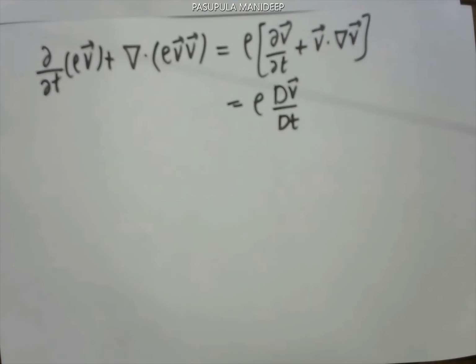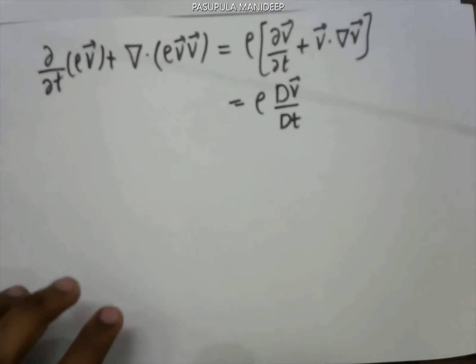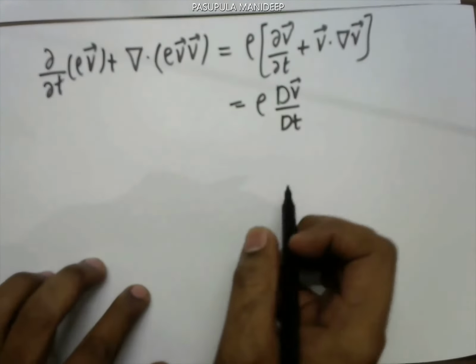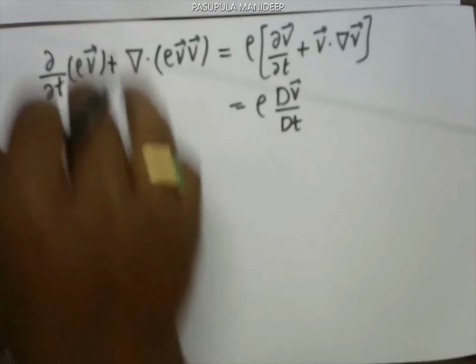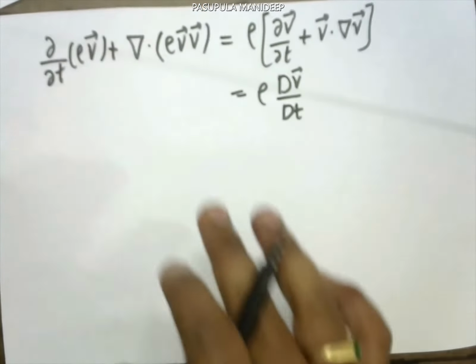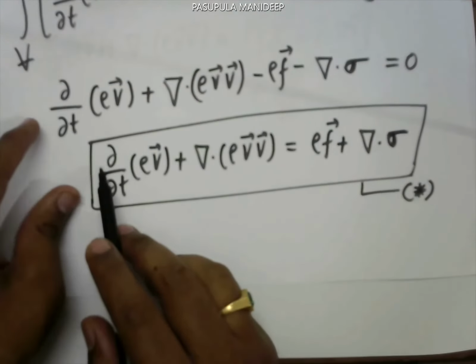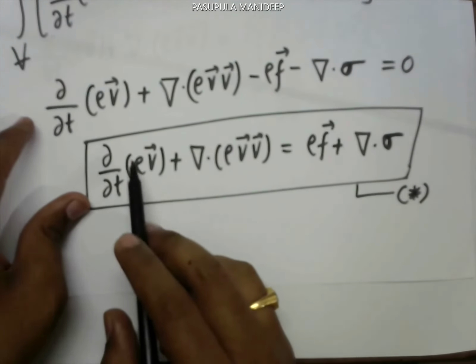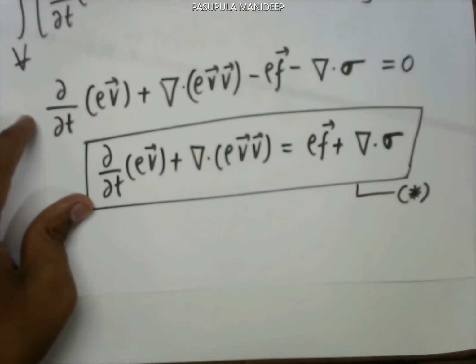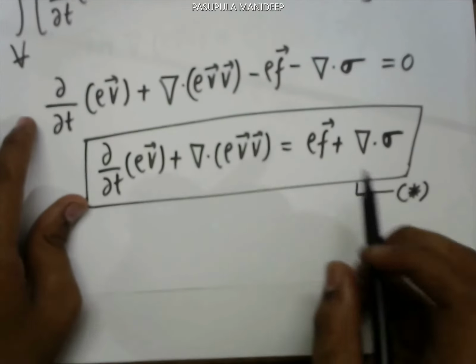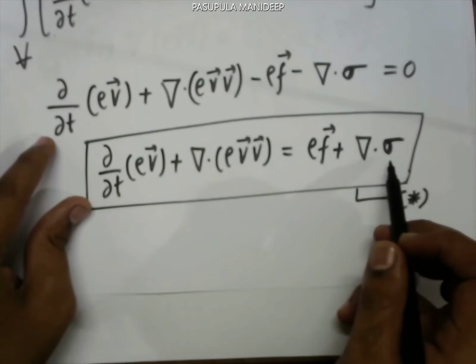Okay, so now let us substitute this back into our equation star. What was our equation star? Del by del t of rho v plus grad of rho v v equal to body force term plus contact force term.